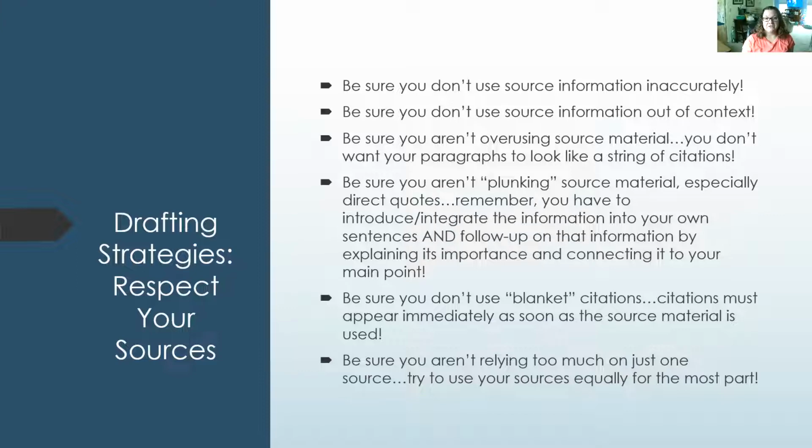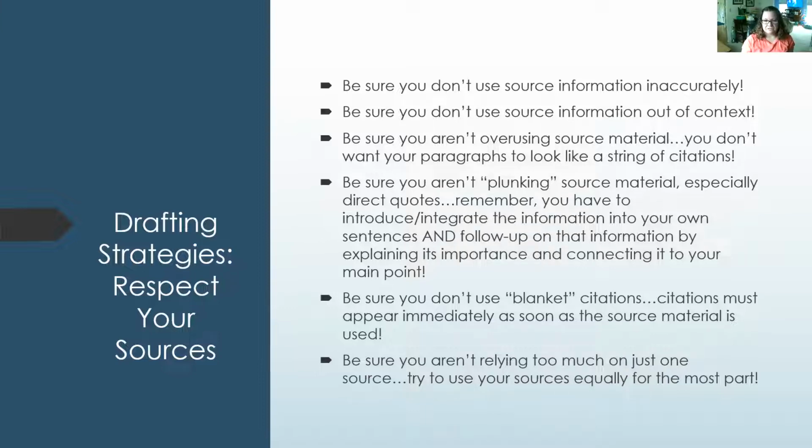Make sure you fully understand the information you're using and that you don't twist it accidentally or misrepresent the author's original intention. Don't use source information out of context. Don't take half of a sentence and make it seem like it's saying something it really doesn't.